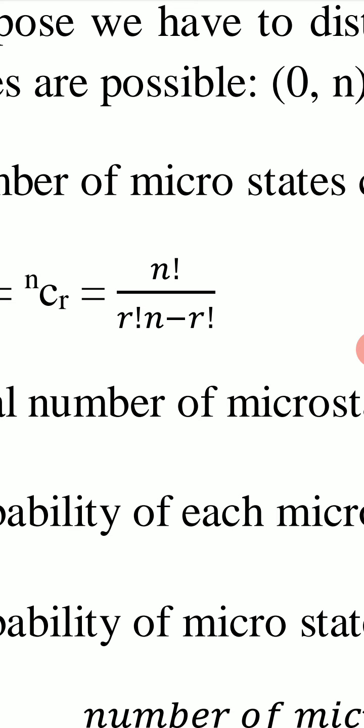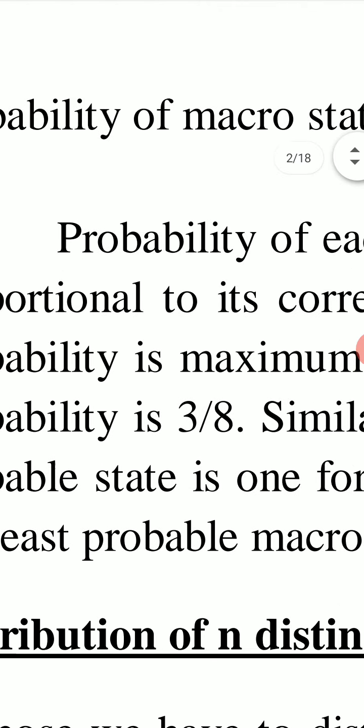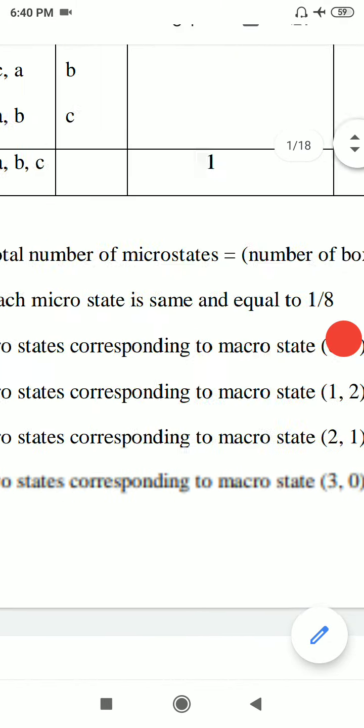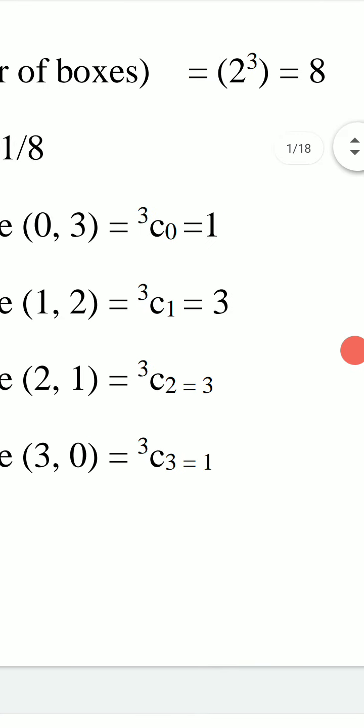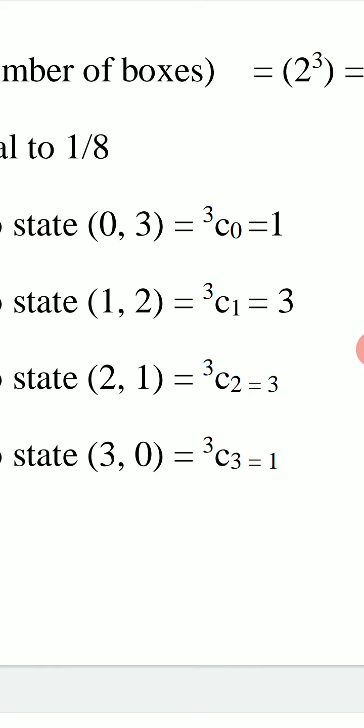It is the number of microstates corresponding to macrostate 0 3. 3C0 will be equal to factorial 3 upon factorial 0 into factorial 3 minus 0, and it is equal to 1.